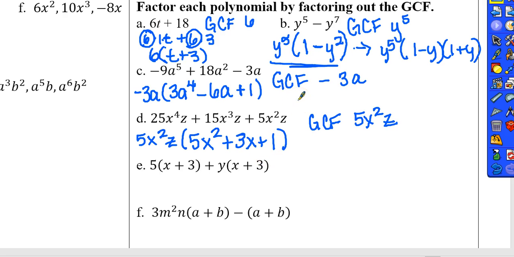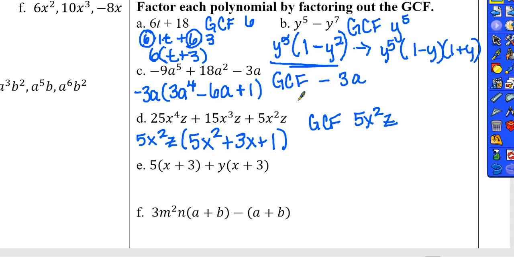Now I'm throwing something new at you. And a lot of you will have the really overwhelming urge to immediately start distributing. But it is time for us to know that factors aren't always monomials. Sometimes they're binomials.